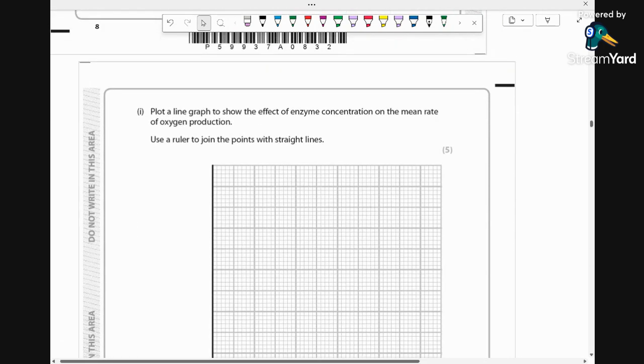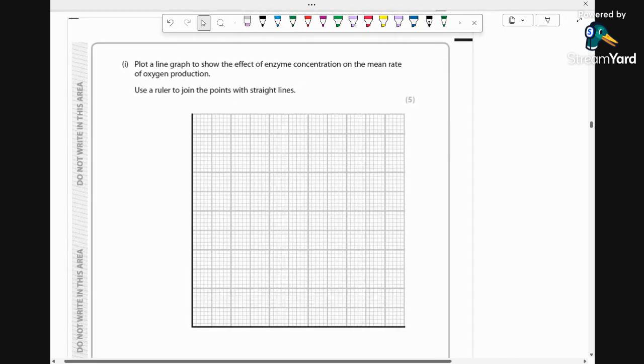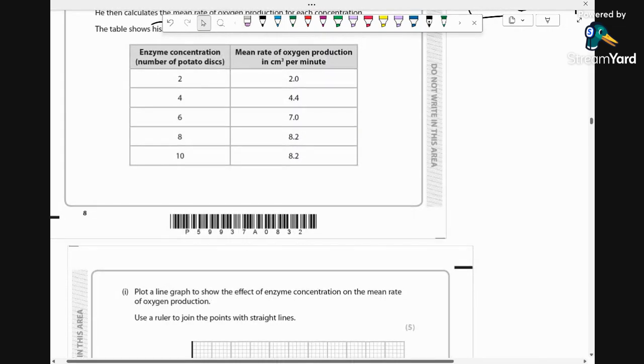Right, plot a line graph to show the effect of the enzyme concentration on the mean rate. So don't forget dependent variable here, independent variable here. So dependent is going to be the mean rate of oxygen production.